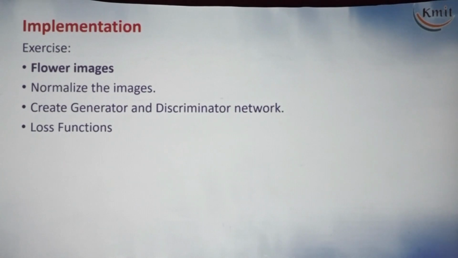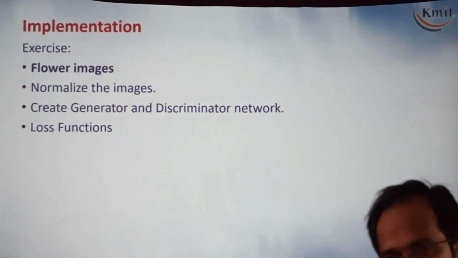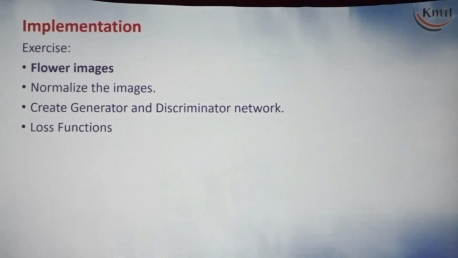If it is a color image, then 3 values will be there, R, G, B, the intensity of the red, green and blue. What is the range of that pixel? 0 to 255, because in general we take that as an 8-bit unsigned integer.